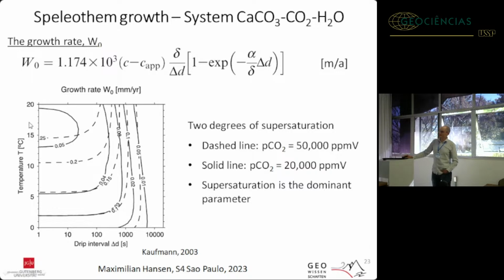What you see here is the temperature, the drip interval, and the growth rate in millimeters per year. And what you can learn from this plot is essentially that the supersaturation is the dominant parameter for the maximum growth rate. Really easy, if you're just thinking about this lengthy equation here.